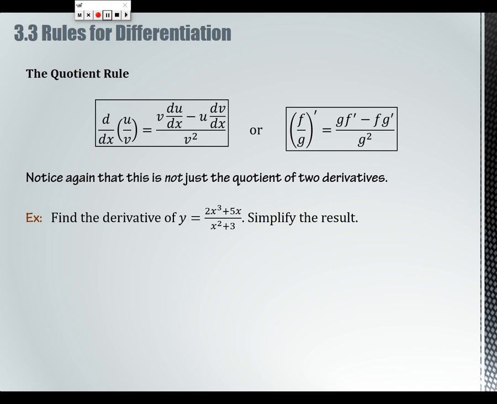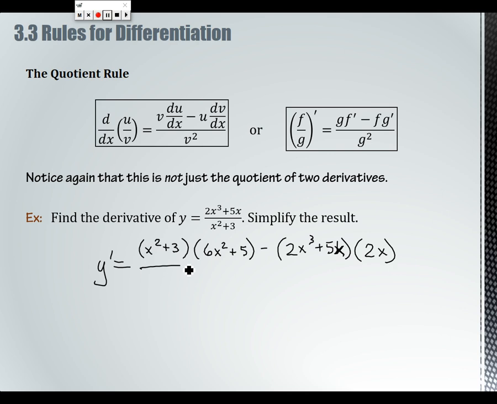All right. So what's the derivative here? It's bottom times the derivative of the top, 6x squared plus 5, minus top, f, that's an x, times the derivative of the bottom, all over the bottom squared.